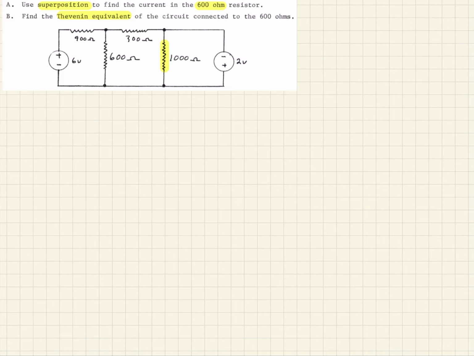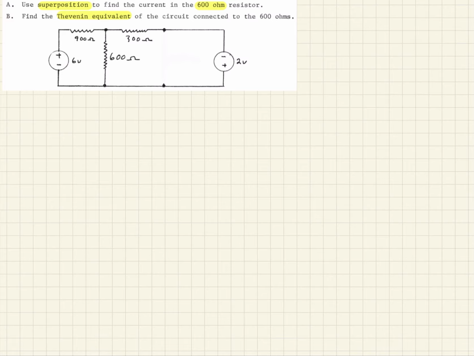So for this problem, we can basically act as if it is not there. So we can just say this 1000 ohm resistor really has no bearing on what we're looking for.